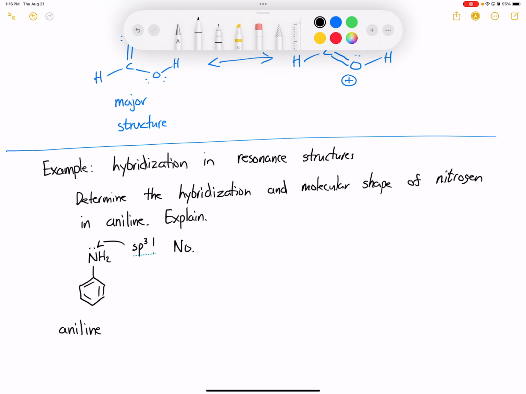It doesn't really make sense why it's planar, and we can't see that unless we draw the resonance structure. Okay, so I'm just going to show you a few arrows. I would take this arrow and form a double bond here. Now when I form a double bond there, I can't just do that. I have to do what to the double bond now?